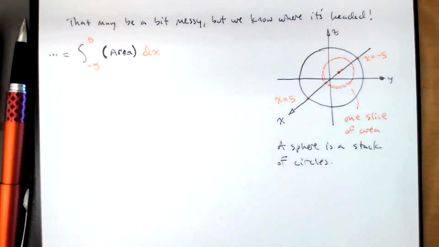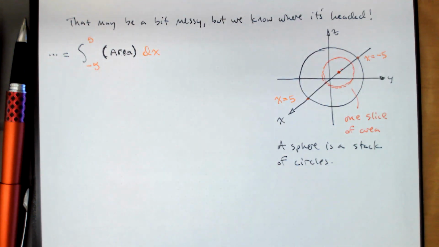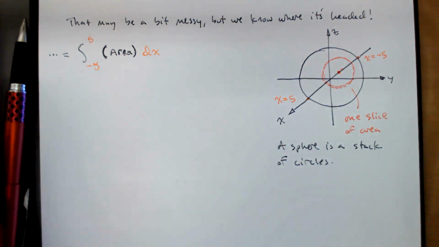A sphere is just a stack of circles. So if we take this sphere and turn it and look at it from the side, we can see that stack of circles.